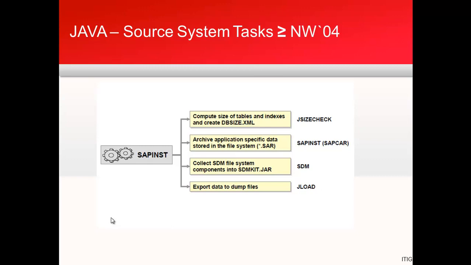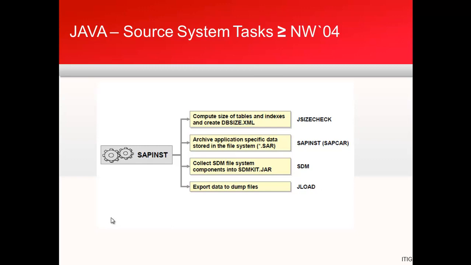The applications store their persistent data in the file system, so SAP INST collects the files into SAP car archives. Using SAP car, we archive those files from the application. Finally we collect the SDM file system component into the sdmkit.jar file.